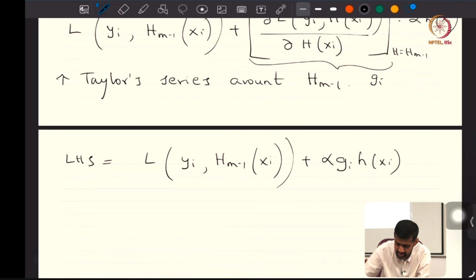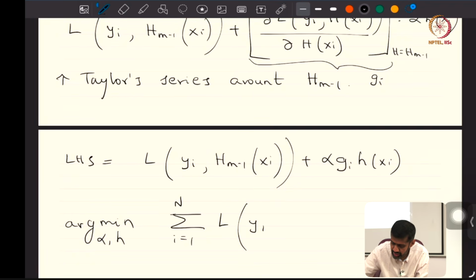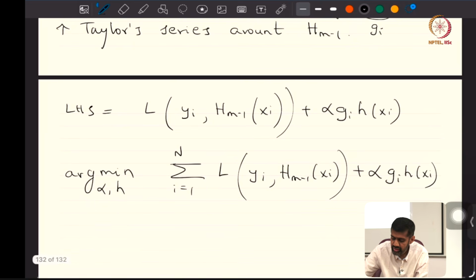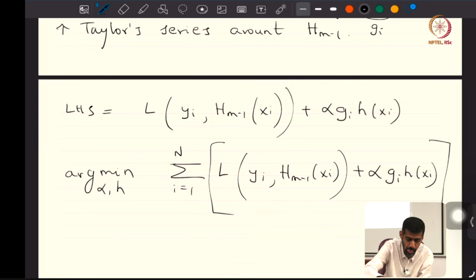Our optimization problem is argmin, optimizing over alpha and h, the sum of L of y_i comma h_{m-1}(x_i) plus alpha times g_i h(x_i). Yeah, this is what we want to do. Any questions so far?